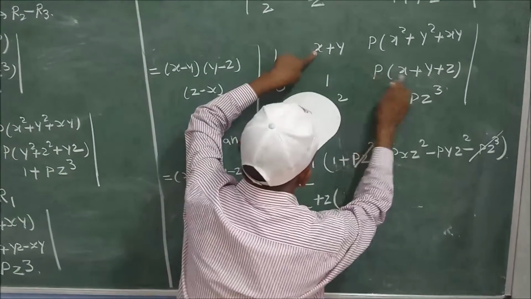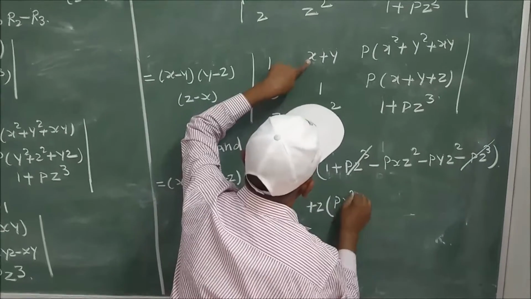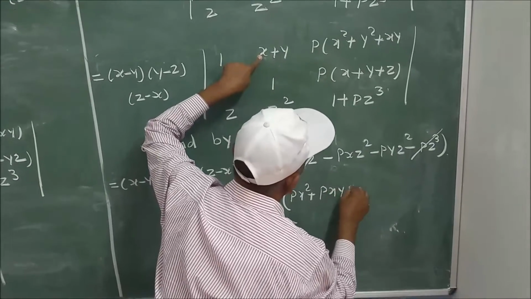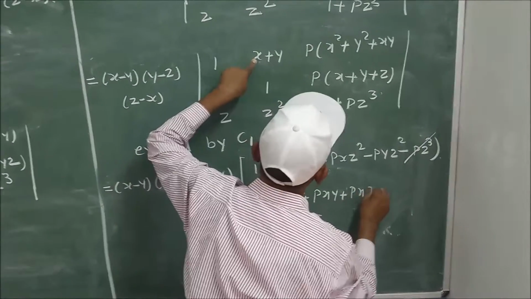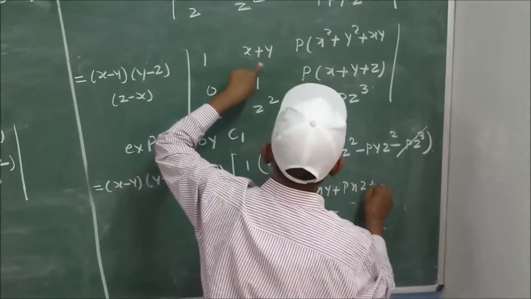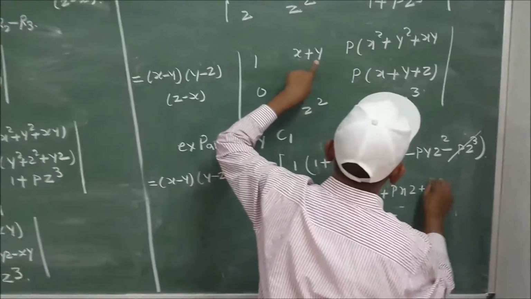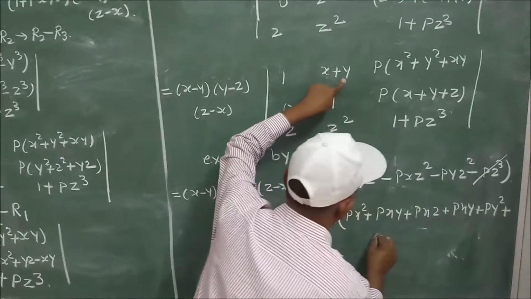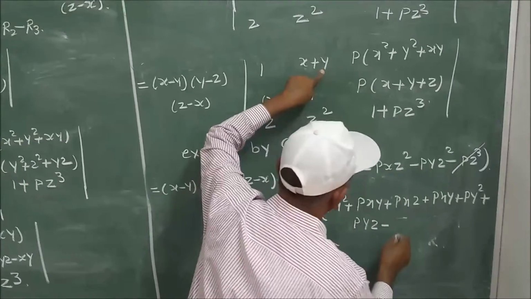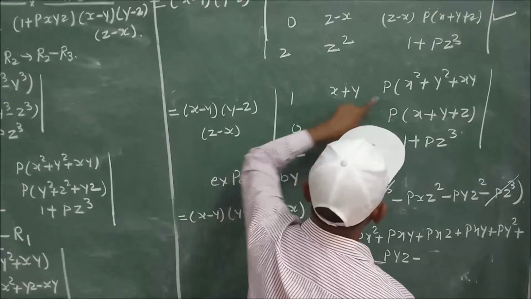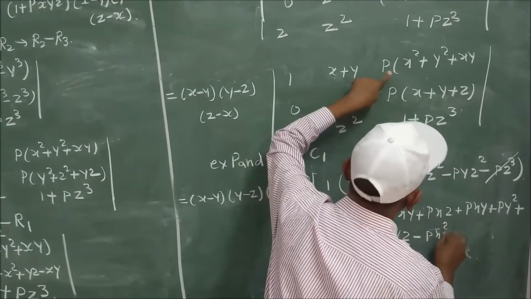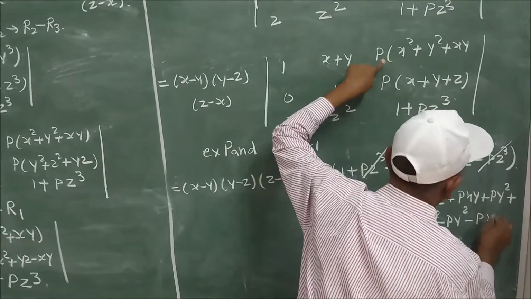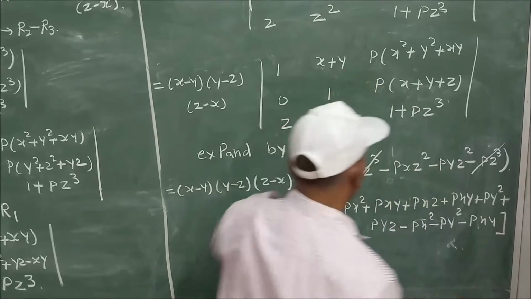So this will be your px square plus pxy plus pxz, plus y to this, pxy plus py square plus pyz, minus, take here 1 to this. So this will be your px square minus py square minus pxy. Check this is correct or not.